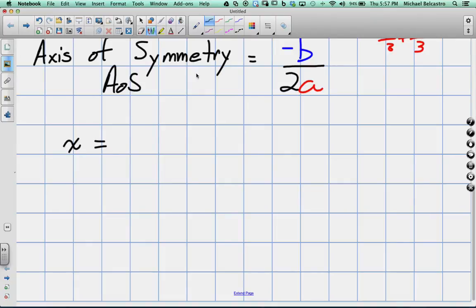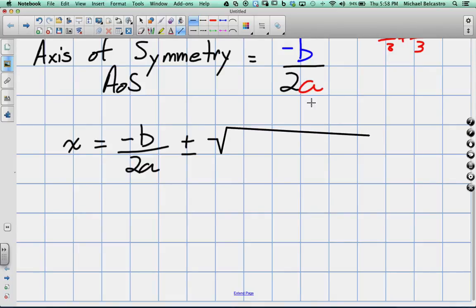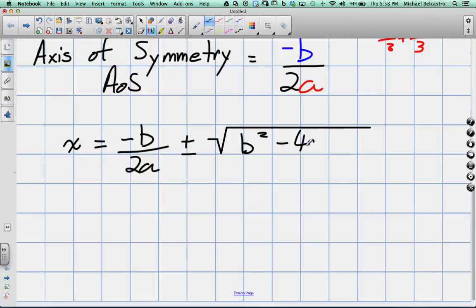X is equal to negative b over 2a, plus or minus the square root of b squared minus 4ac, again all divided by 2a.